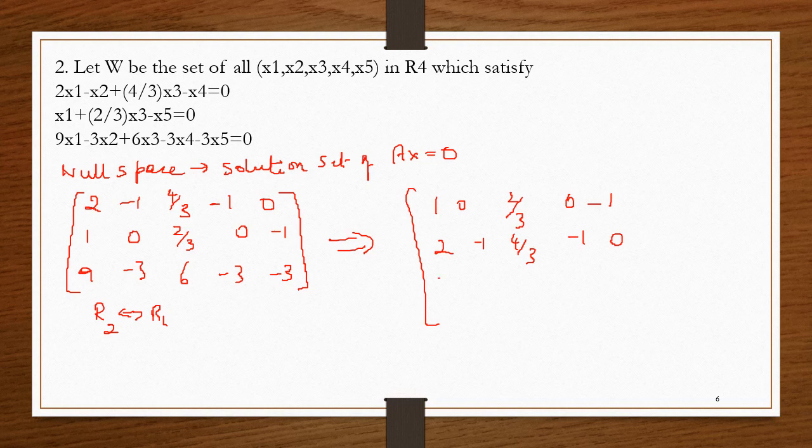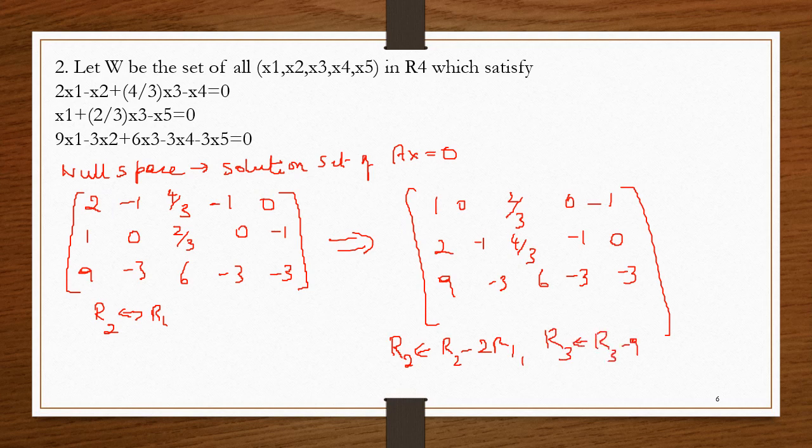Next is 9 minus 3 6 minus 3 minus 3. The next row operation for this matrix is R2 will be equal to R2 minus 2 times R1, and R3 will be equal to R3 minus 9 times R1.